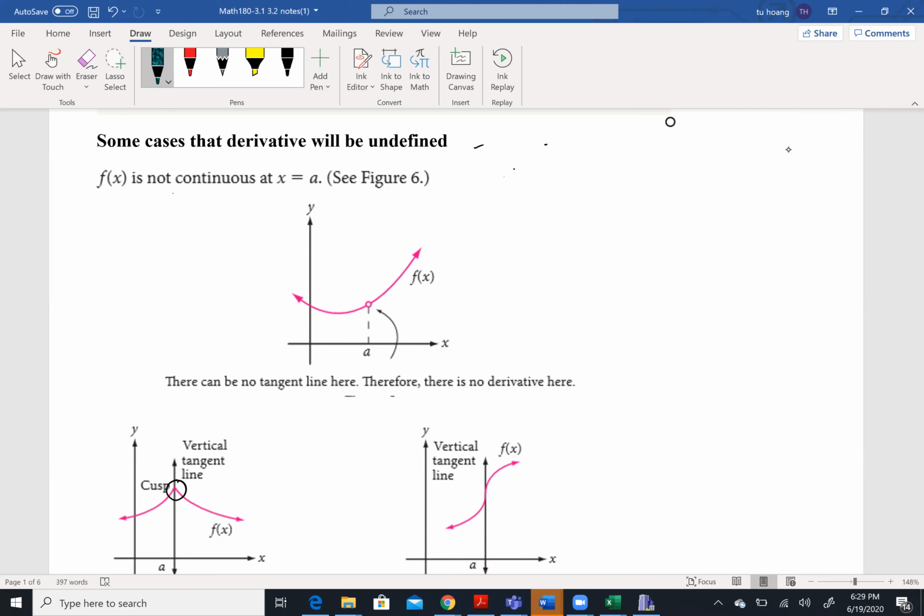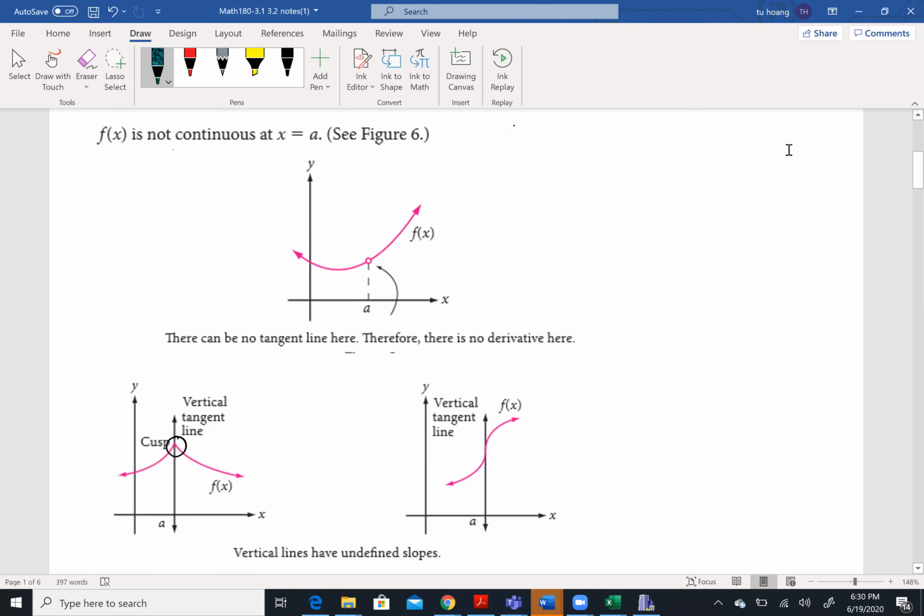So this will not give you the derivative at a, because there's no tangent here, so there's no derivative.